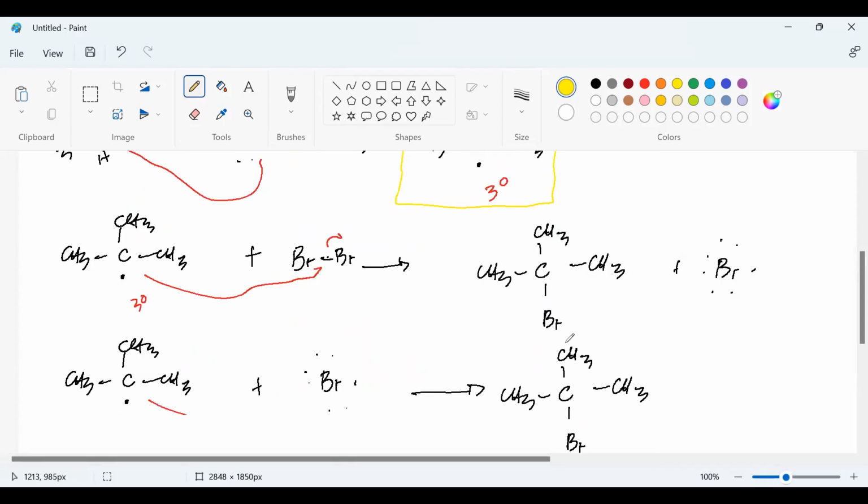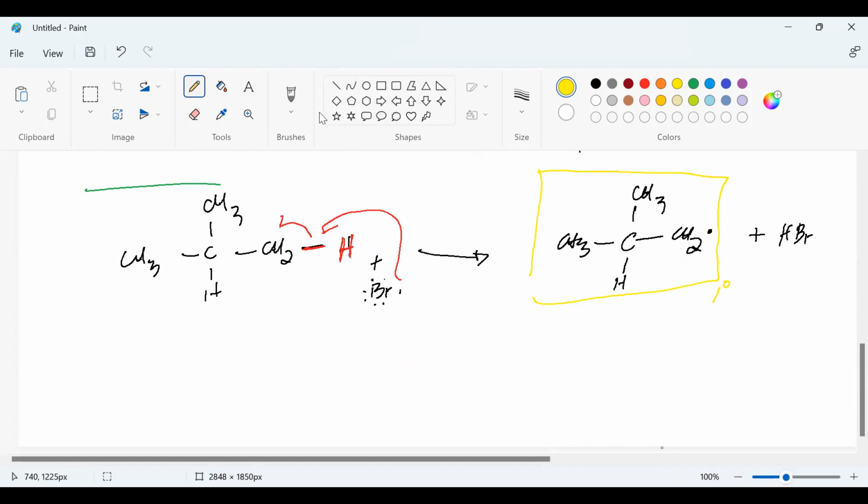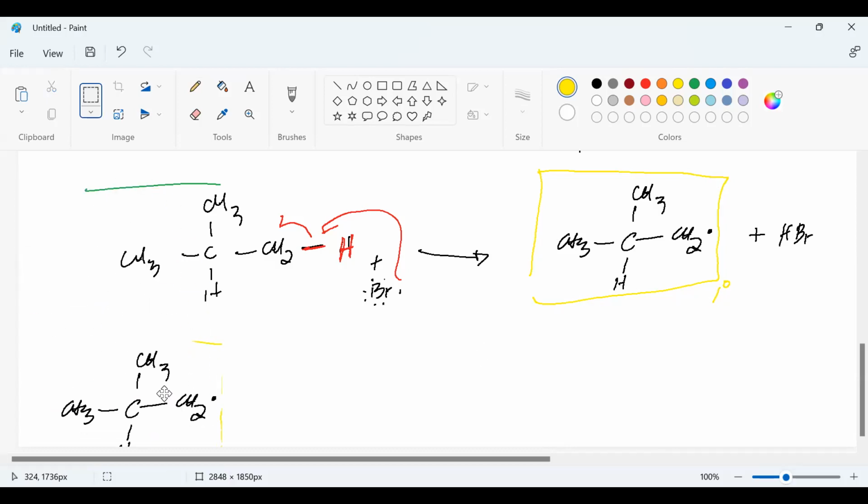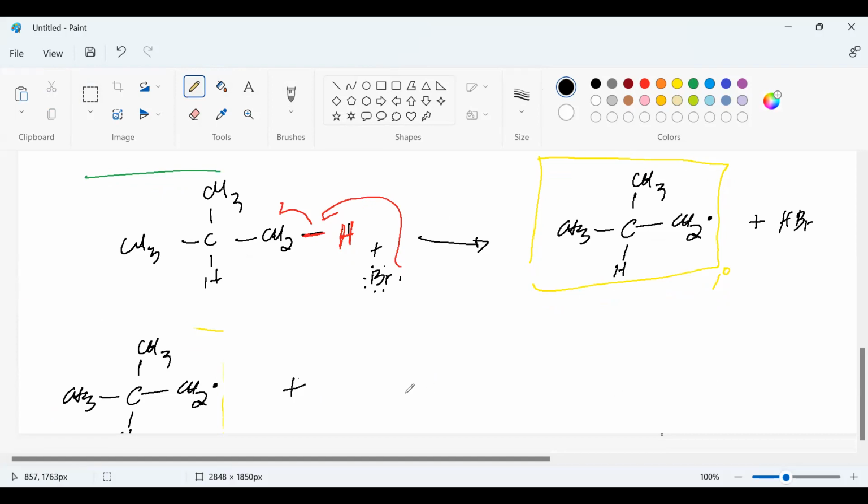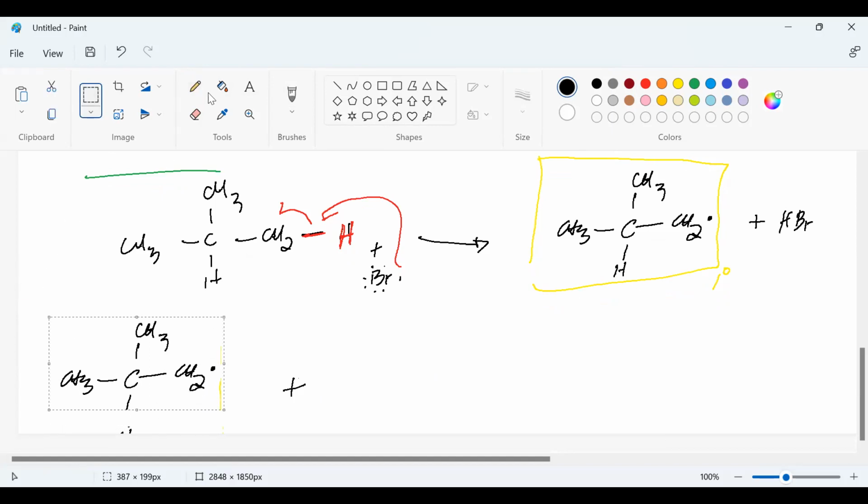Okay, your end product will also be your 1 degree alkyl halide, plus Br dot.